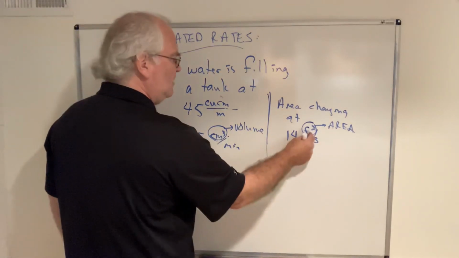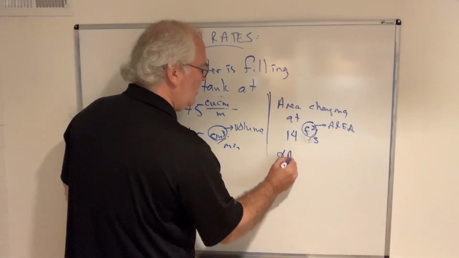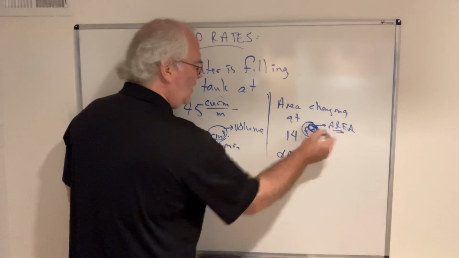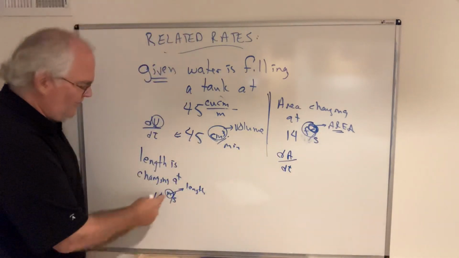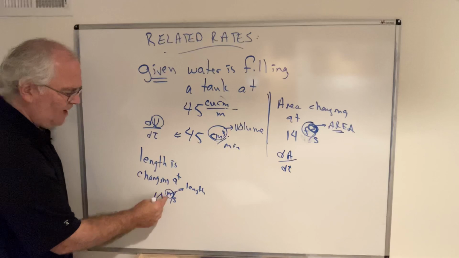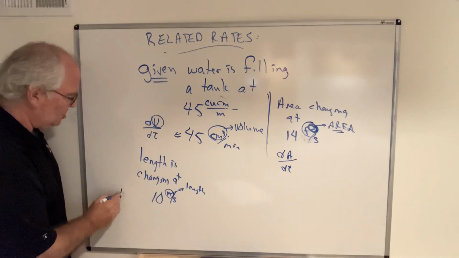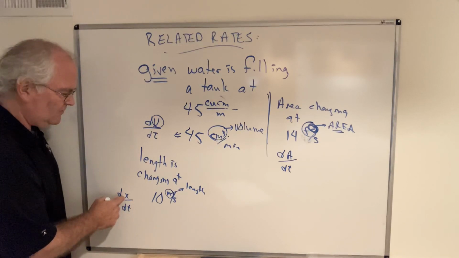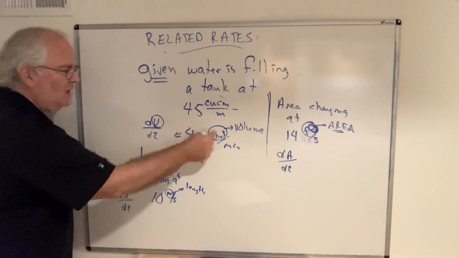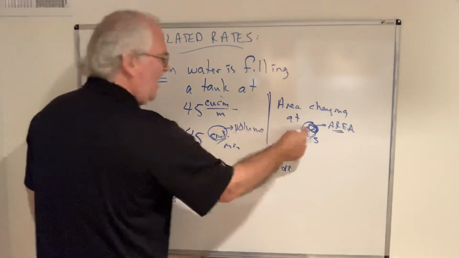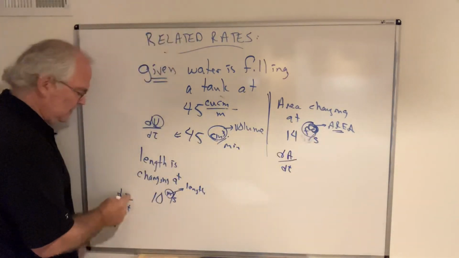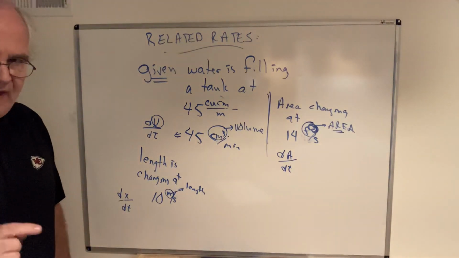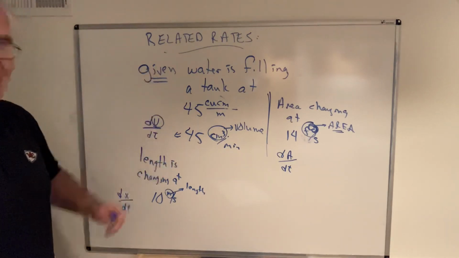I know this is giving me the rate of change of area with respect to time, because square units are area units. And I know this is giving me the change of length. So this might be change of just length with respect to time. Maybe x is some length in the picture. So this is volume because it's third power. This is area because it's second power. This is linear because it's first power. Noticing that is a really big advantage, and that can really help you understand what needs to happen in the problem.